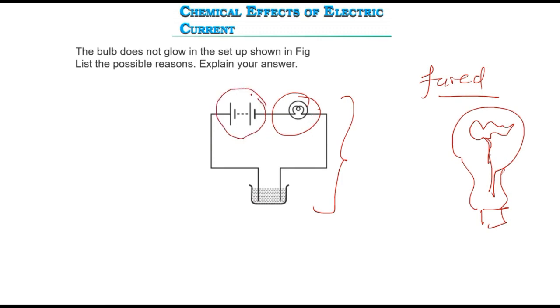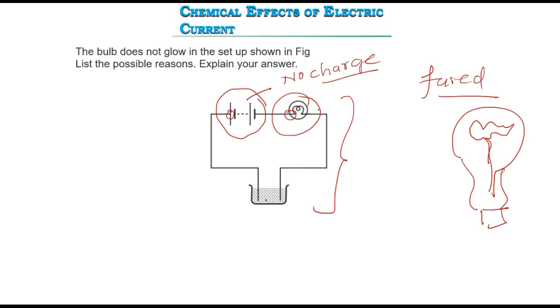Second, if there is no charge in the battery, no voltage, then no current is possible to make the bulb glow, right? Or there may be some loose connections here. When you make a circuit, if there is a loose connection, the bulb may not glow.